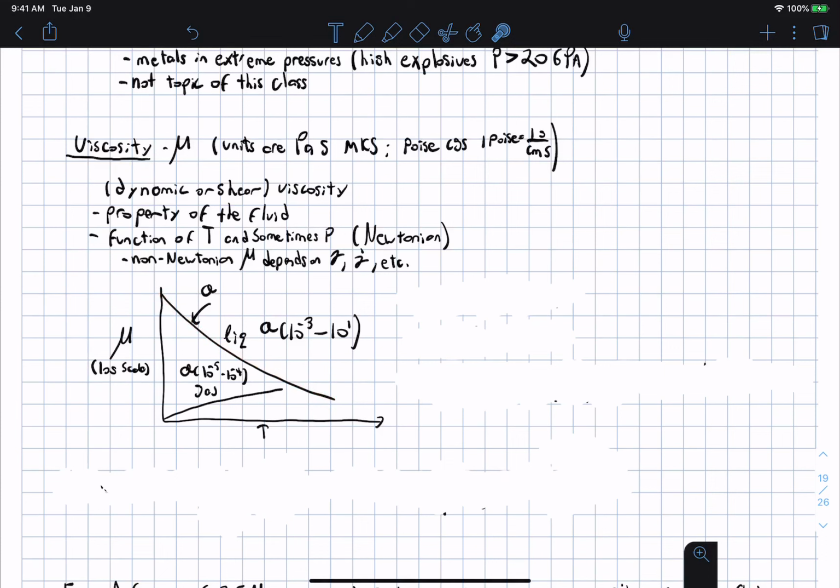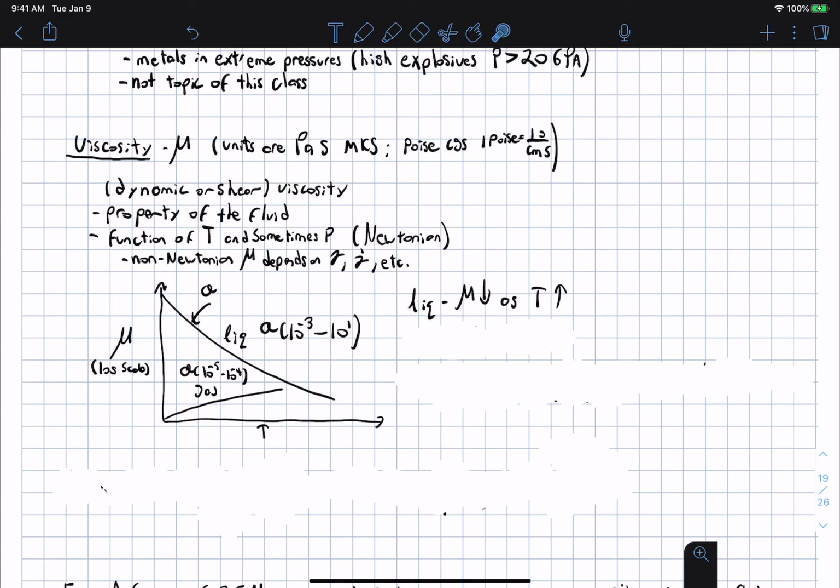The scale in this plot of viscosity as a function of temperature is logarithmic, so the change of viscosity can be very high for a liquid. But in general, for a liquid, the viscosity decreases as temperature increases.